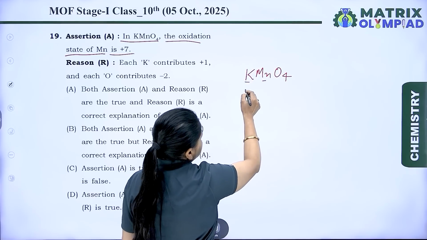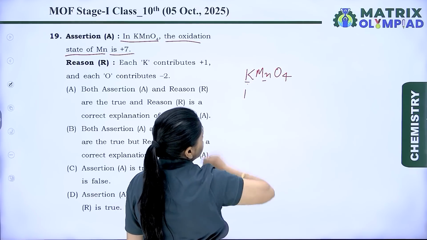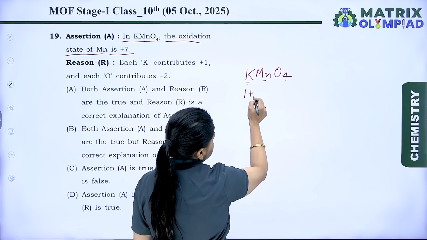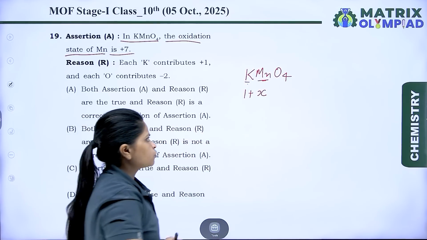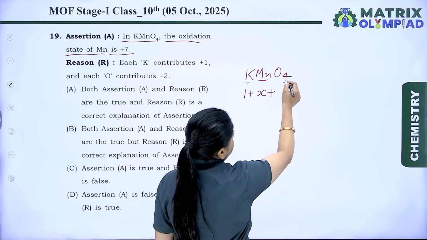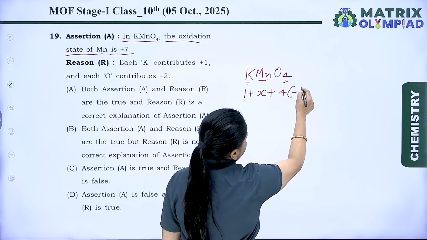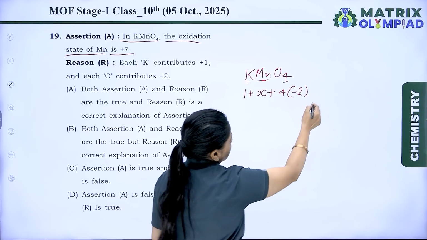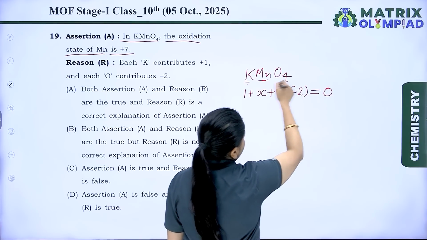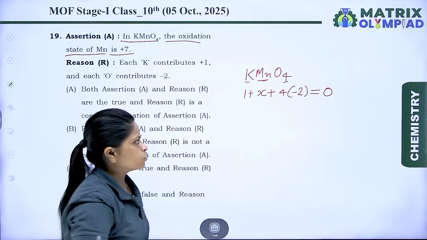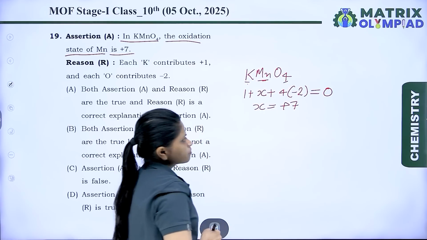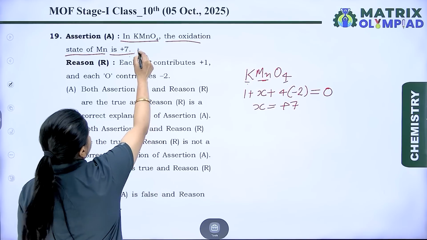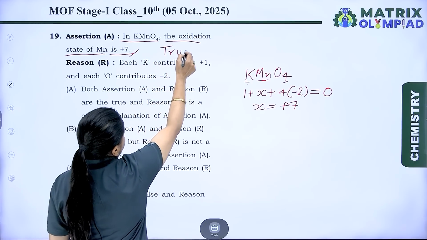In KMnO4, potassium has a +1 oxidation state, plus if we take the oxidation state of Mn as X, plus there are 4 oxygens having a -2 oxidation state, and the overall charge on KMnO4 is equal to 0, so X will be +7, and we find that the assertion is true.